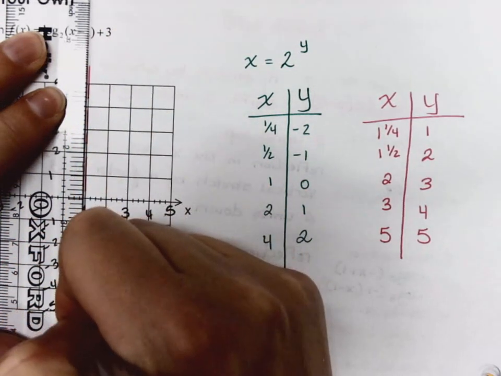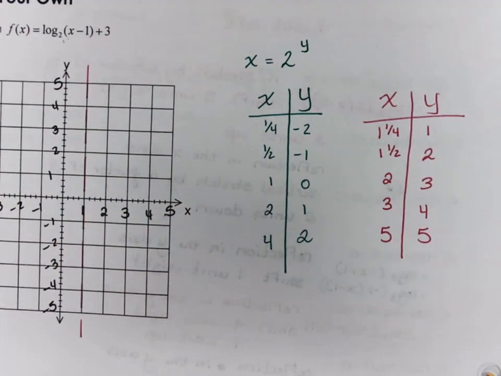And again, you do not have to draw in the asymptote, but you do have to have asymptotic behavior.